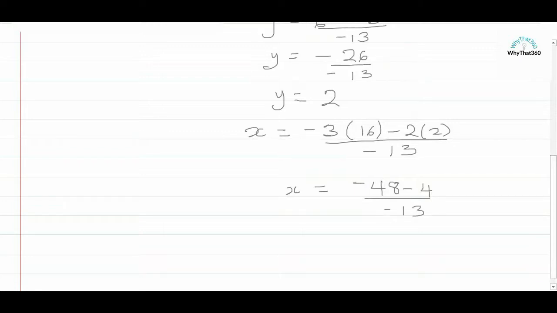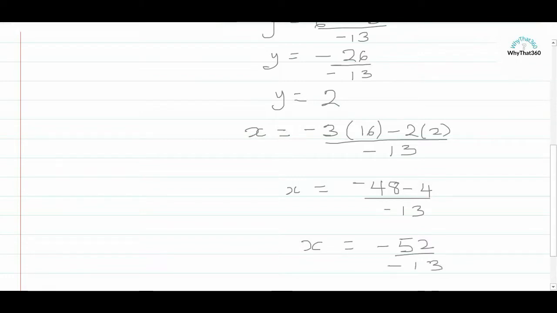Negative 48 minus 4 becomes negative 52. So x is equal to negative 52 divided by negative 13.